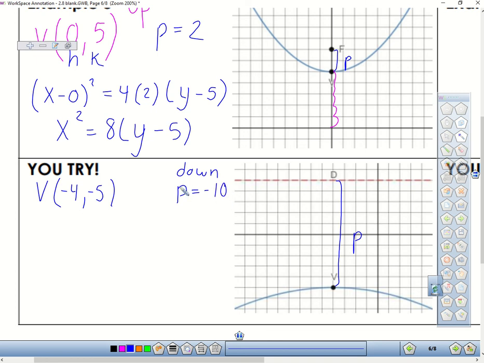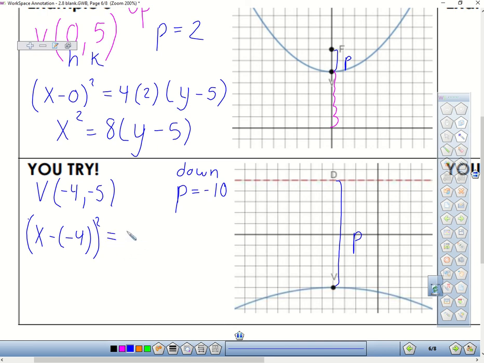Everybody understand why the p is negative this time? Because it's opening downward. So now all you would do is plug this into your equation and then just simplify it. So this would be x minus -4 squared. Would that just be x plus 4 then?